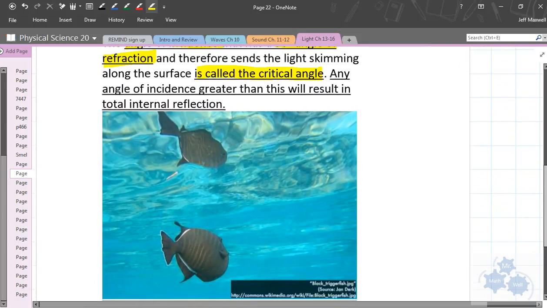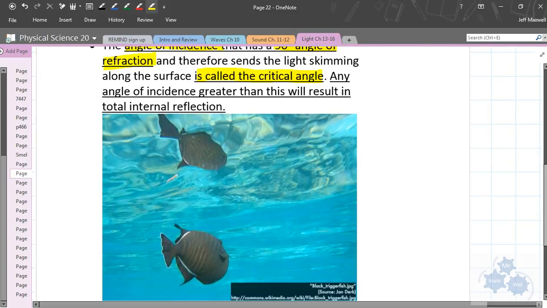If we skip down to this little diagram here, this camera is taking a picture of the fish, but they are also at such an angle that the light rays bouncing off the fish are bouncing off the surface and coming to the camera. That's why you see kind of a double image there.